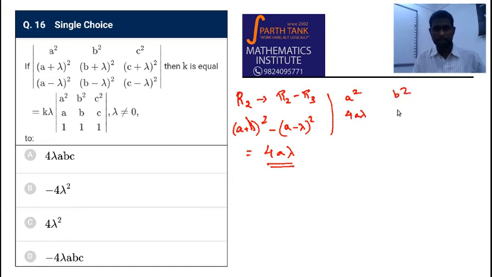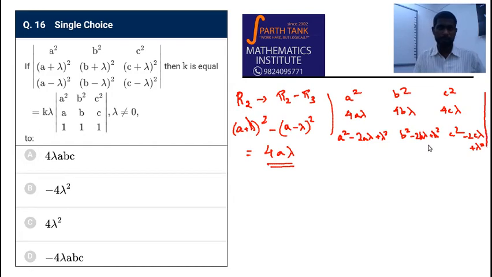The same way, b squared becomes 4b lambda, and c squared becomes 4c lambda. And let me just expand this and write a squared minus 2a lambda plus lambda squared, b squared minus 2b lambda plus lambda squared, c squared minus 2c lambda plus lambda squared.